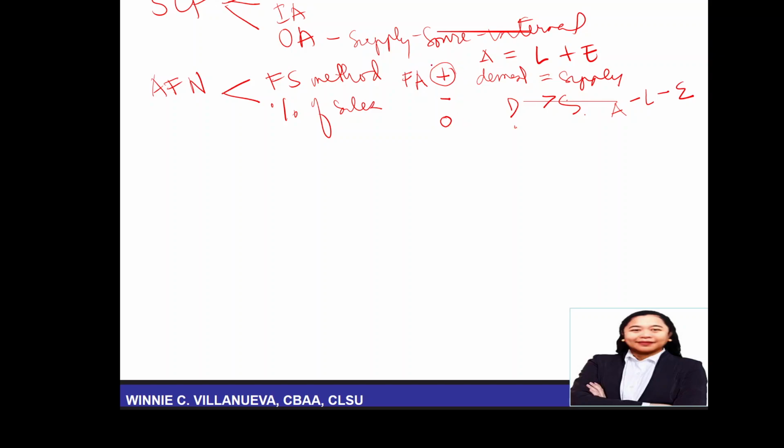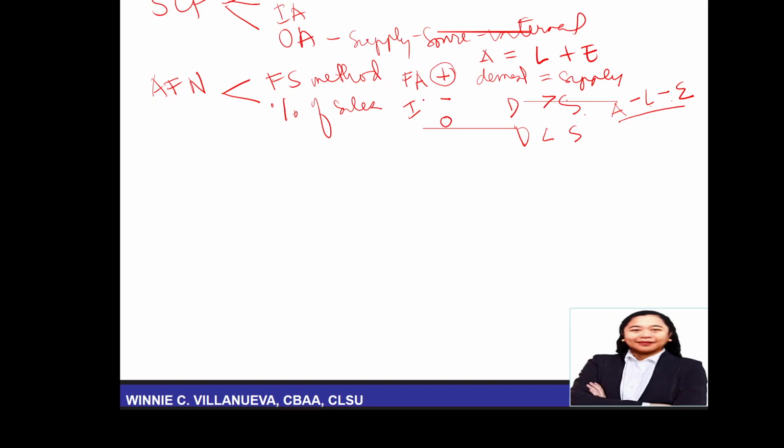Tama? Pag negative, tingnan nyo to. Tingnan nyo tong formula na to. Ibig sabihin, mas marami yung supply, diba? Mas marami yung supply. Pag mas marami yung supply, that is investing.